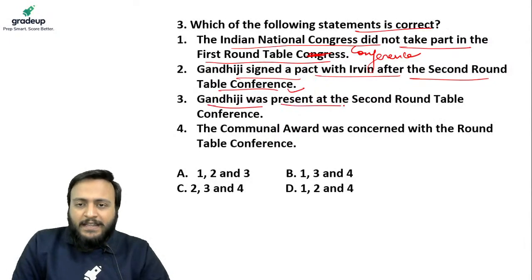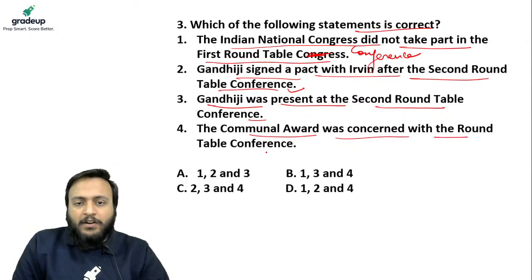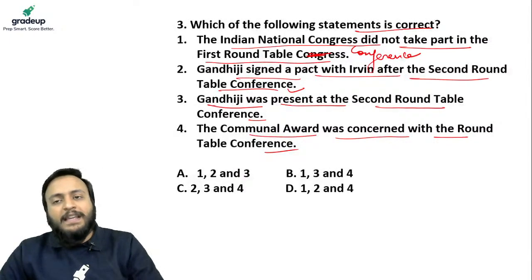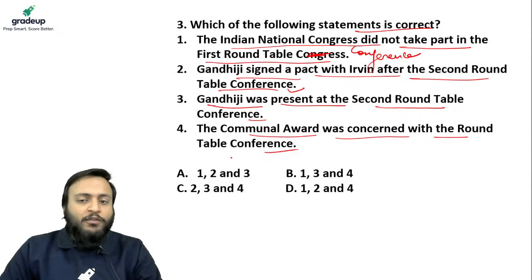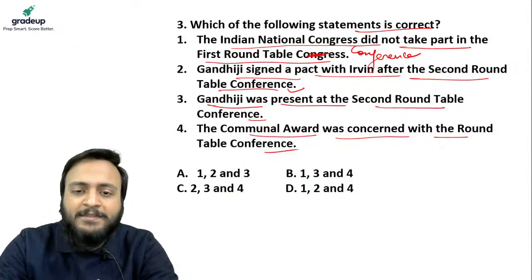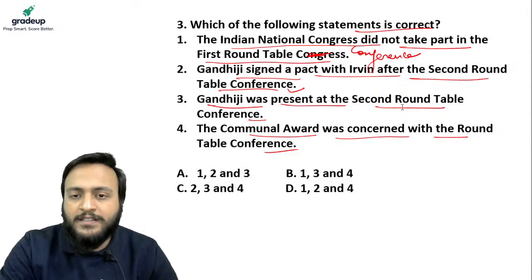Gandhiji was present in the second Round Table Conference. 4. The Communal Award was concerned with the Round Table Conference. Options: 1, 2 and 3; 1, 3 and 4; 2, 3 and 4; and 1, 2 and 4. Your time starts now. Try to solve this question.